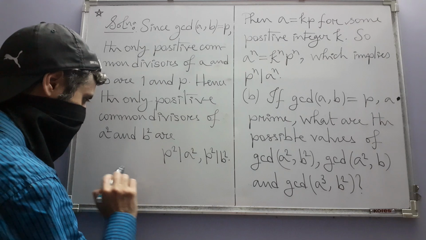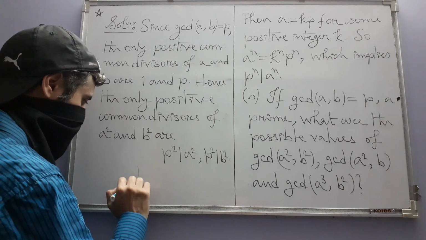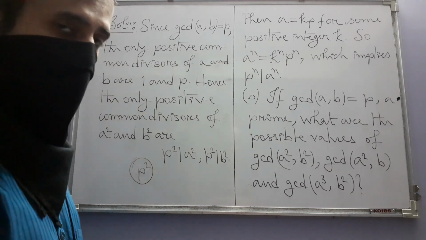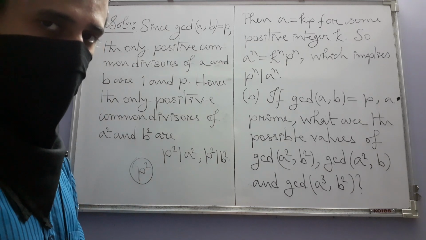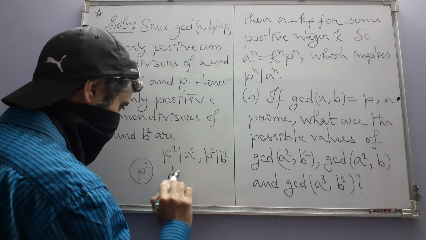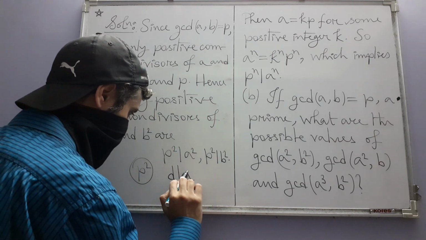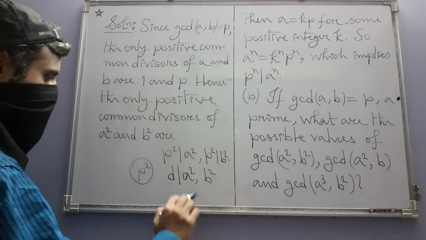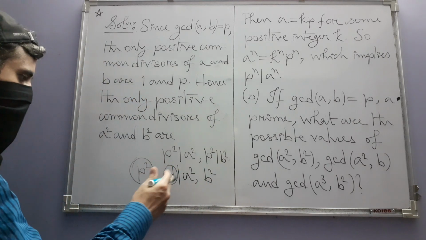Alright. Now, is p square going to be the greatest common divisor of a square and b square? That is positive, of course. Suppose that d is a positive common divisor of a square and b square, that is, d divides both.